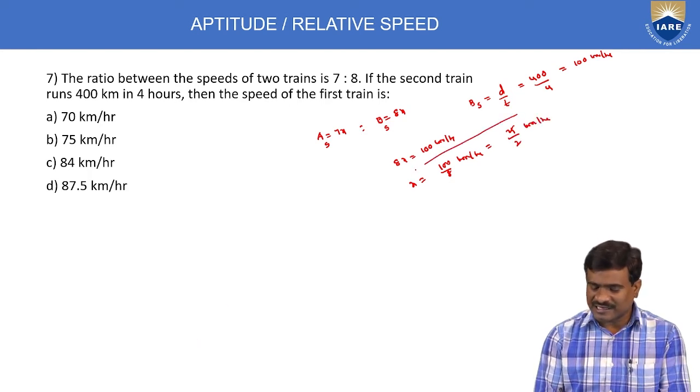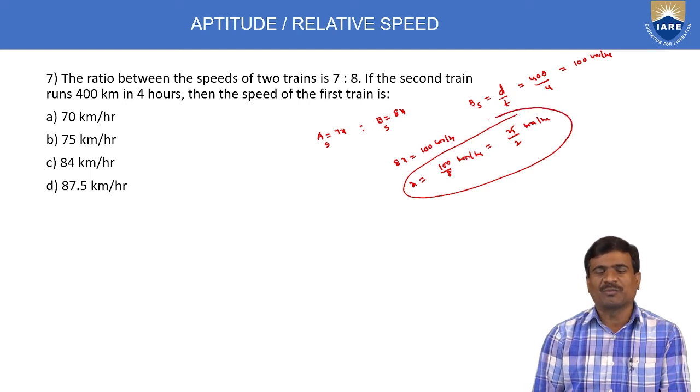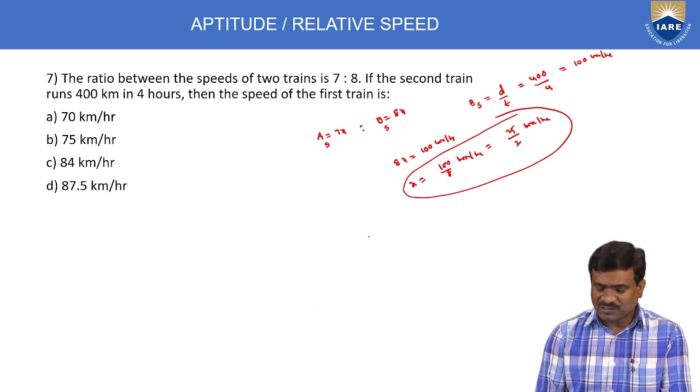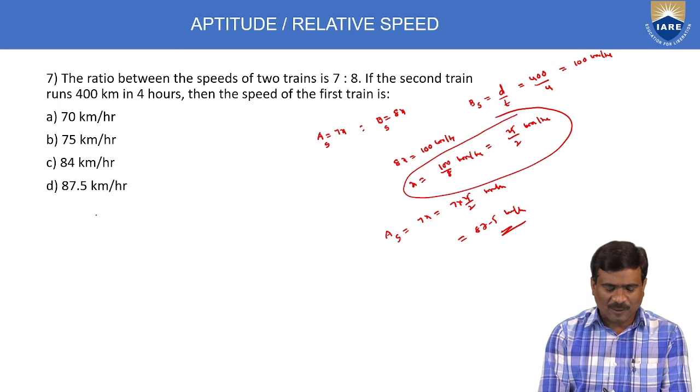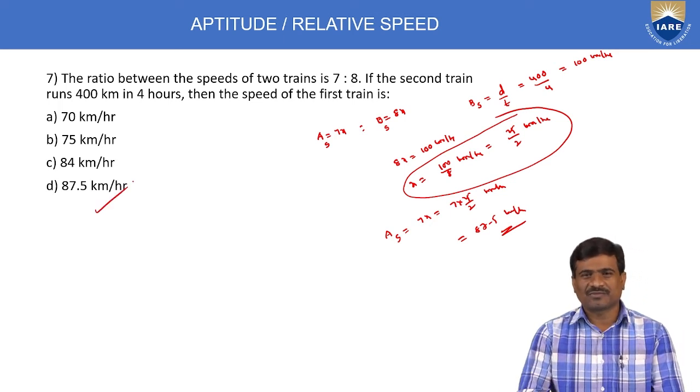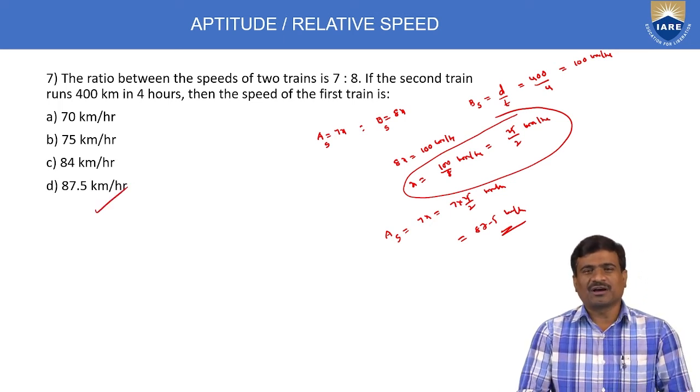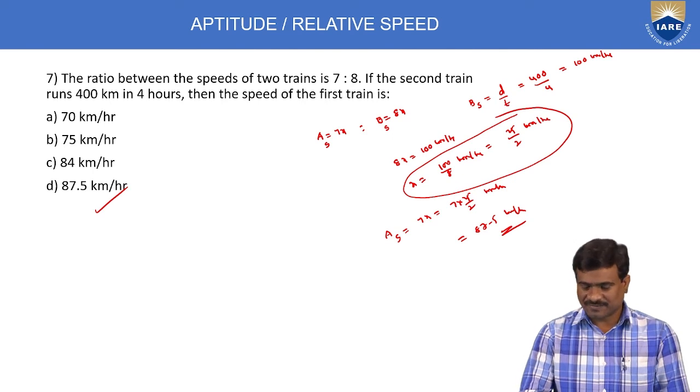Now find the speed of A. Speed of first train is 7x, 7 into 25 by 2, which is 87.5 km per hour. Option D only is correct.